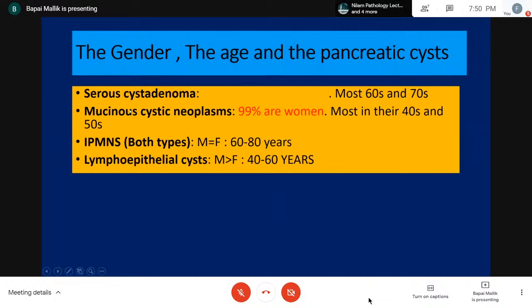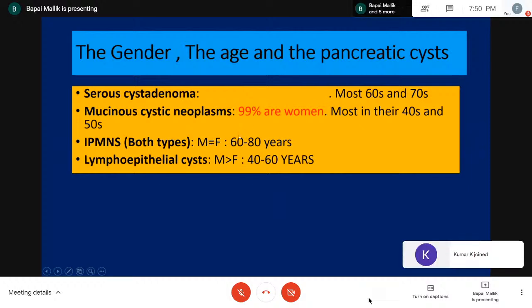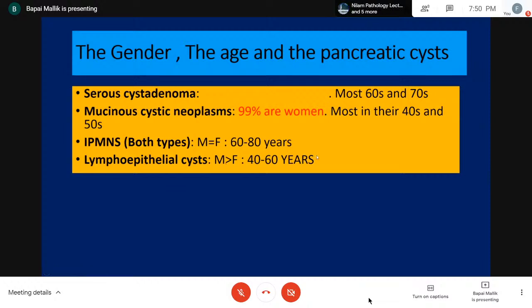Mucinous cystic neoplasms are very interesting. 99% of mucinous cystic neoplasms occur in women, and most of them are in their 40s and 50s. Very, very important point to remember. IPMNs, in both types, occur in males and females almost 50-50, between 60 and 80 years of age. Lymphoepithelial cysts occur in males a little bit more than females, within 40 to 60 years. This is extremely vital from the angle of your decision-making procedure, as you are going to see later.